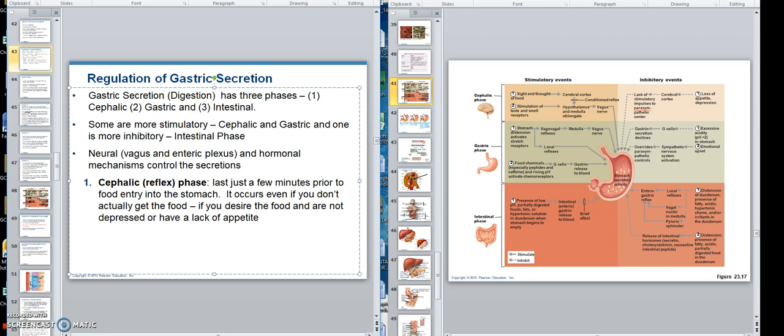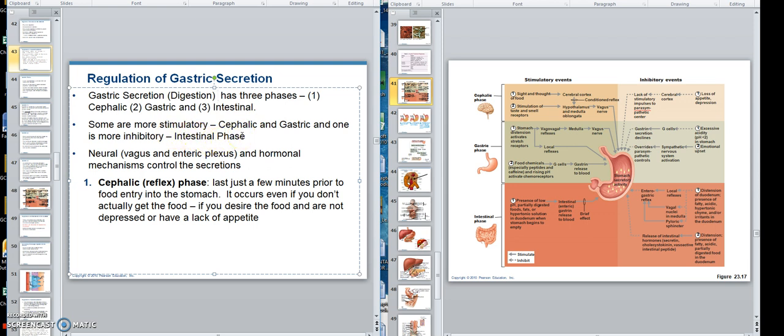But then as it gets into the stomach, you'll have some more activity. That's the gastric phase. Then as it leaves the stomach going into the intestine, the intestine has influence on the stomach, even though the intestine is after the stomach. Some of these are more stimulatory, like the cephalic and gastric, and some are more inhibitory, the intestinal.